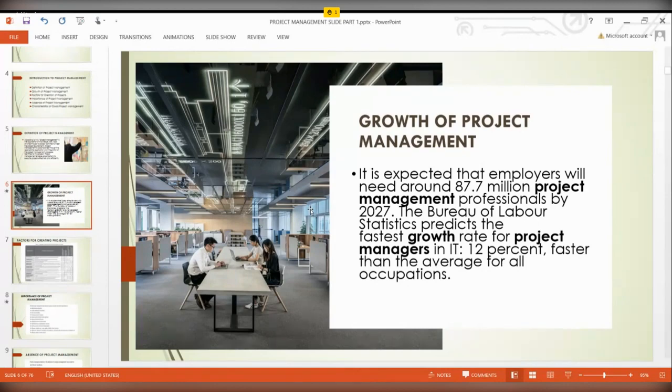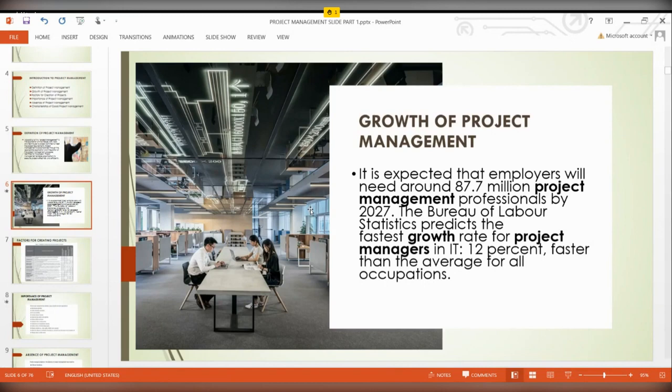Blockchain is coming with its own transformation, driving change, driving more projects. Machine learning. We didn't have machine learning before, but now there's machine learning everywhere. Most companies are trying to tap from the benefit of machine learning. Artificial intelligence, all these applications, all these technologies are driving the growth rate in project management.